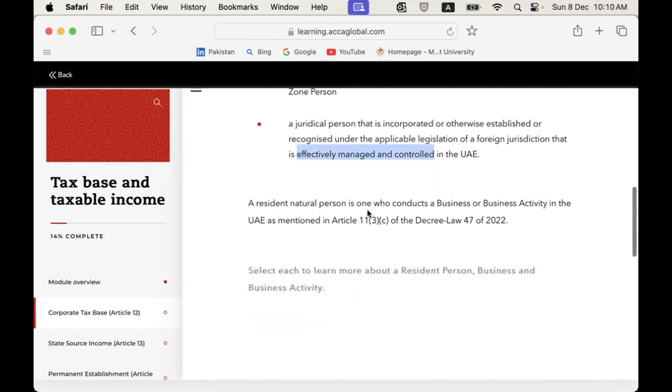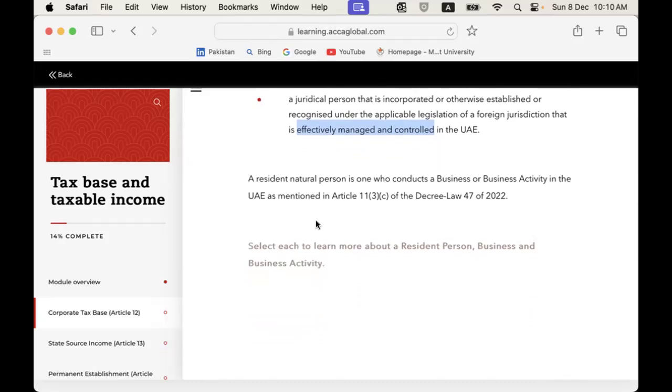A resident natural person is the one who conducts a business activity in the UAE. So yet a third category of resident persons was natural persons who do business in the UAE. If a natural person has a base or a permanent establishment outside of the UAE, that is not taxable in the UAE. That will be out of scope.